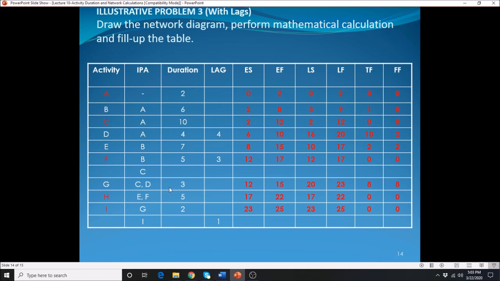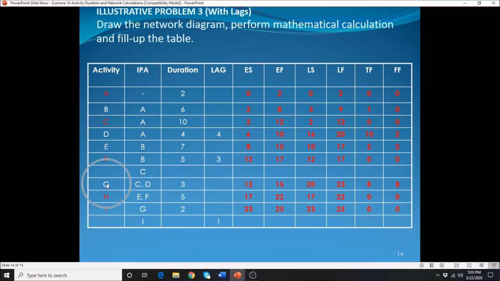Alright, so in this particular case here, you will notice that activity A is the starting activity. There's no immediate preceding activity. So you will notice here that there is a lag time between your D and your A, which means that we need to wait 4 days before we can start your activity D. And then for your activity F, the connection between your F and B has a lag time of 3. C is also linked to your F, but there is no lag time, okay?